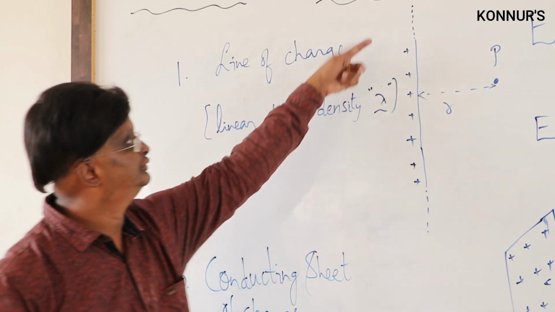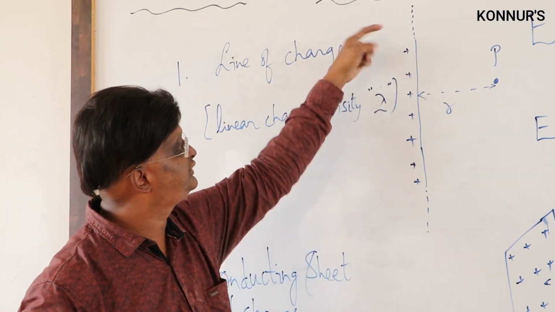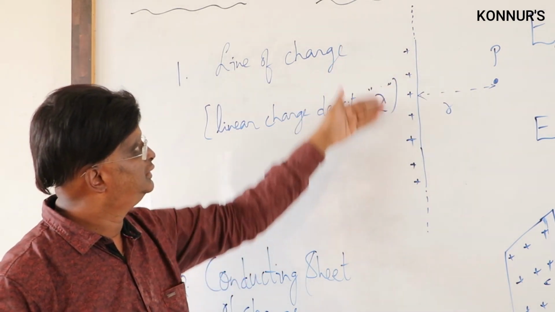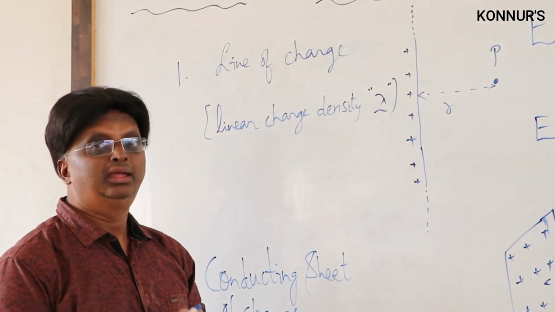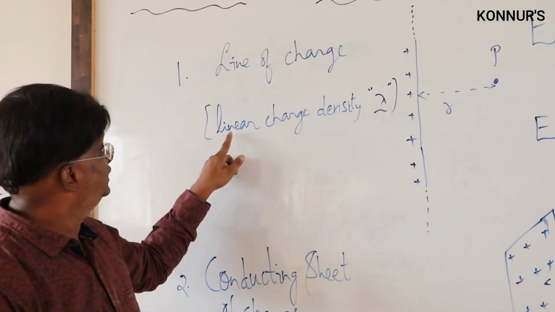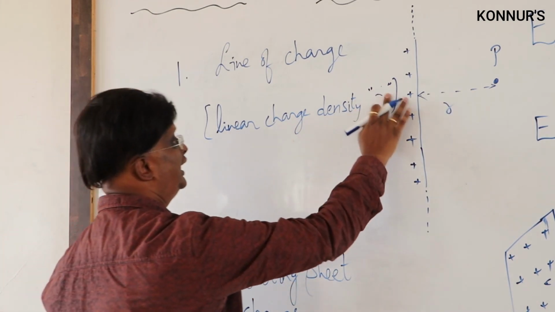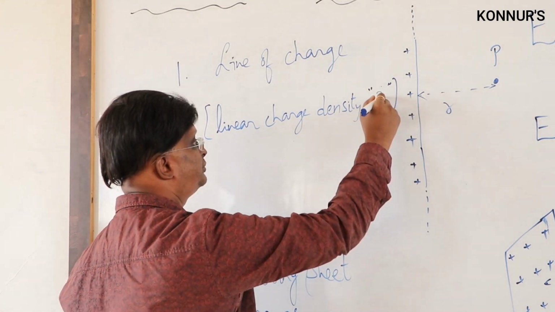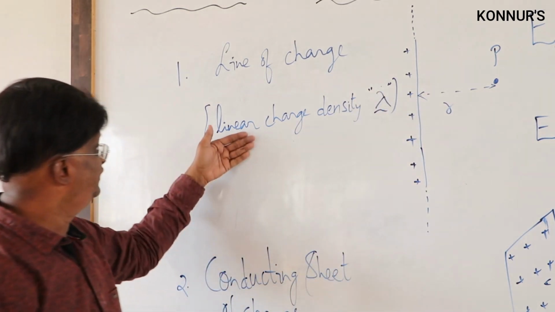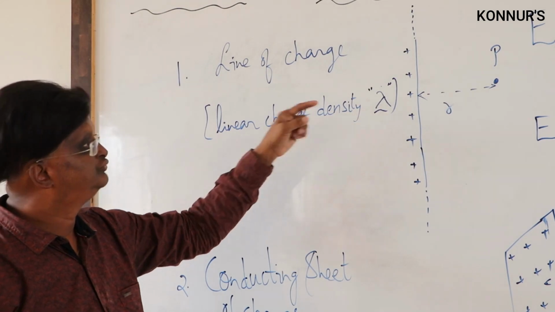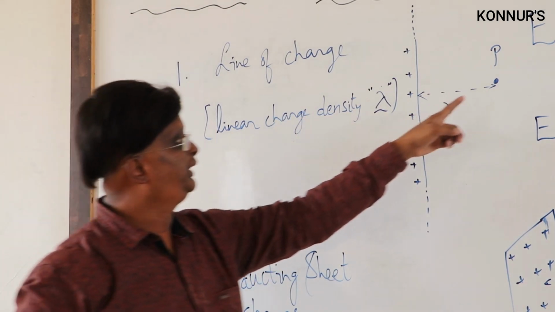Now here I have shown, it's a long wire, I have not shown the ends. It's a long wire and it is charged such that linear charge density is lambda. I am writing lambda here, which refers to charge per unit length, linear charge density. Now in this case, P is a point.